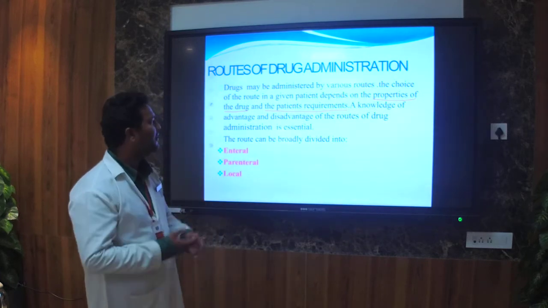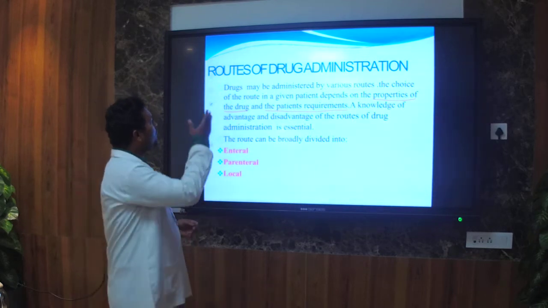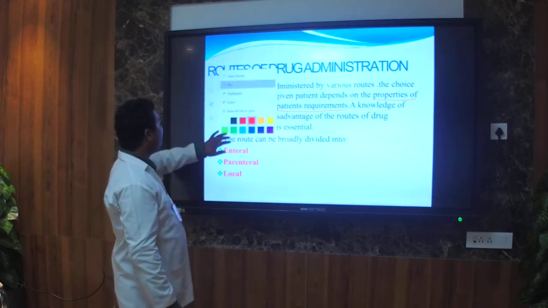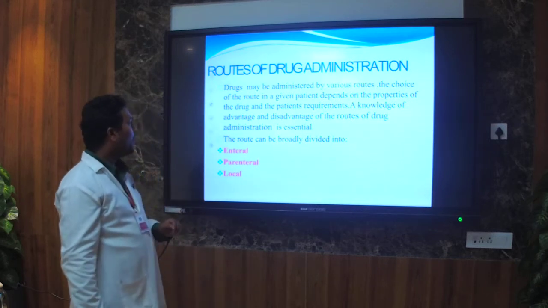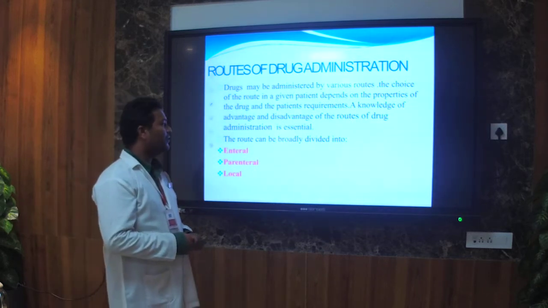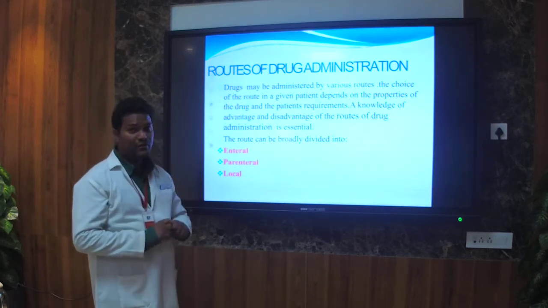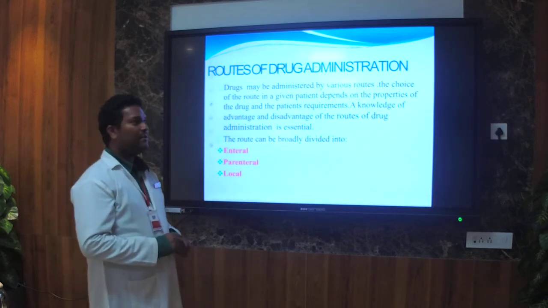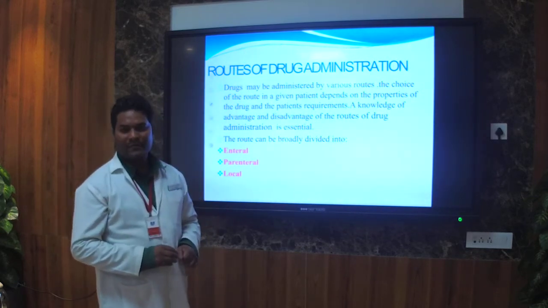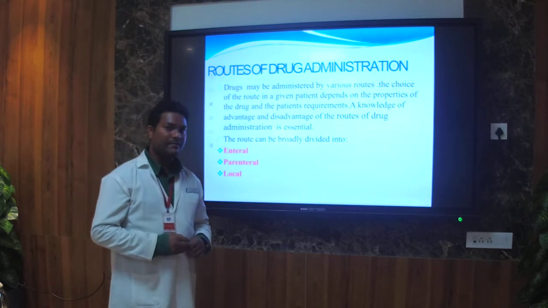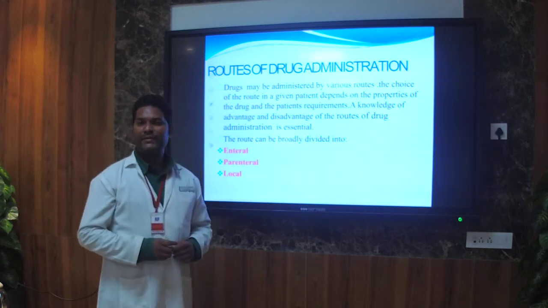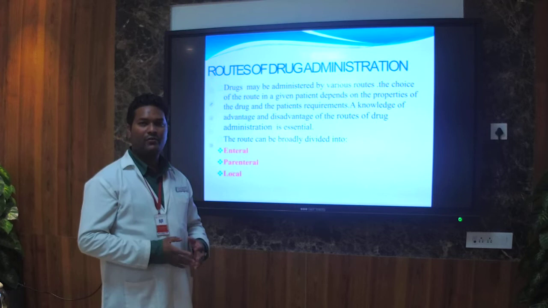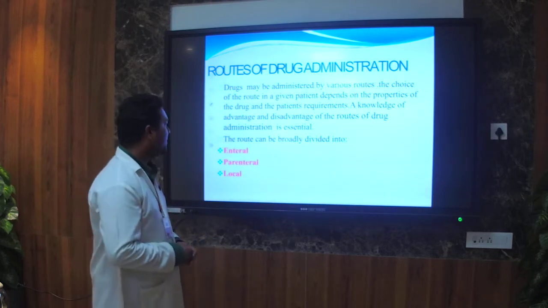These are all the things we depend on to choose the route of administration of the drug. A knowledge of the advantages and disadvantages of the routes of drug administration is also essential. For example, you want to minimize the risk of complications and adverse effects to the patients. So the route of administration is always considered beforehand while giving drugs to the patient.